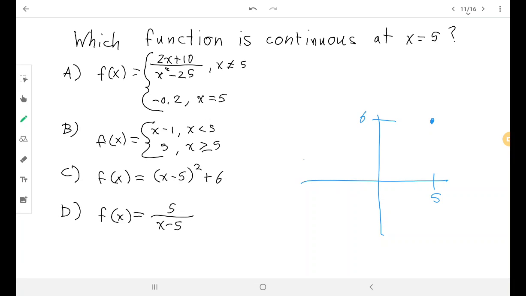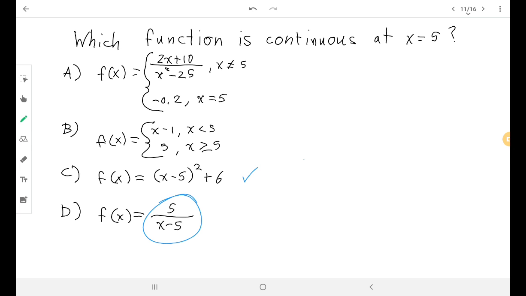So it looks like a regular old parabola, just shifted. It's certainly continuous at x equals 5. So that one we can say is definitely continuous at x equals 5.